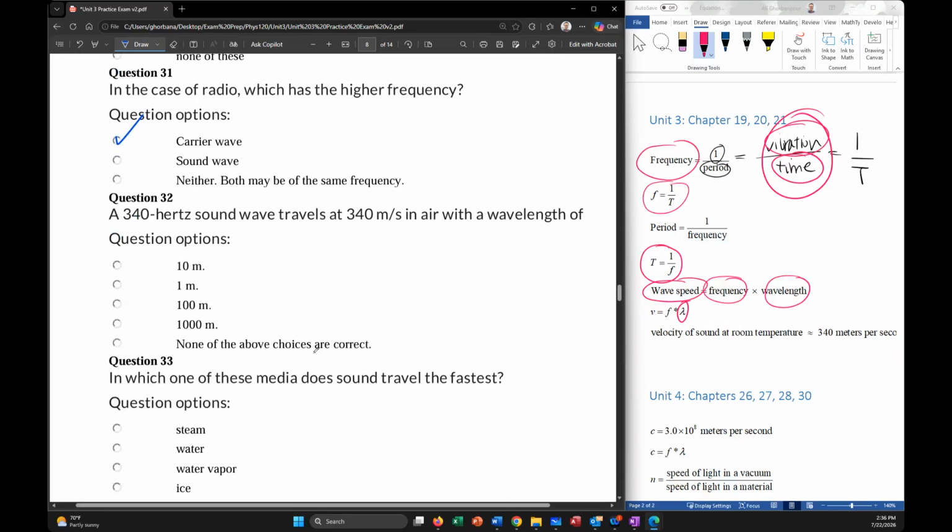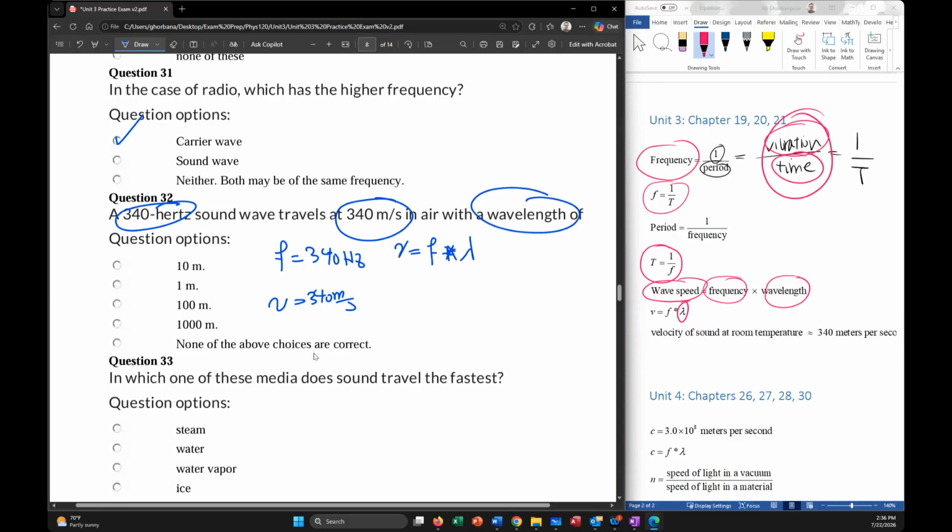Question 32. A 340 hertz sound travels at a speed of 340 meters per second. What is the wavelength? We know that velocity is frequency times wavelength.